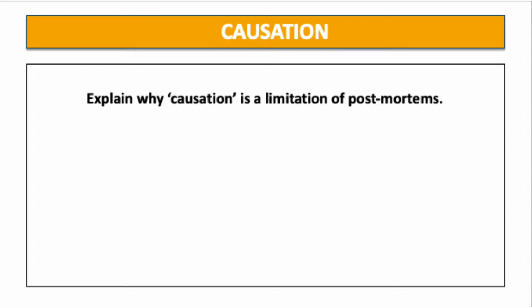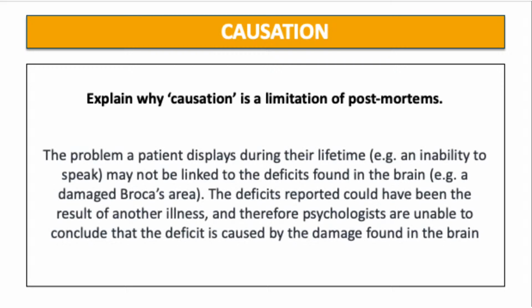Fantastic. So some of these examples are great, and you could get a really good chunky paragraph if you just talk about how what we find in a post-mortem doesn't necessarily mean that this is why they're having an autopsy to begin with. So let's see if we can structure that in a clearer way. This is an example. You may write yours differently, but we've got all in there things that you've said.